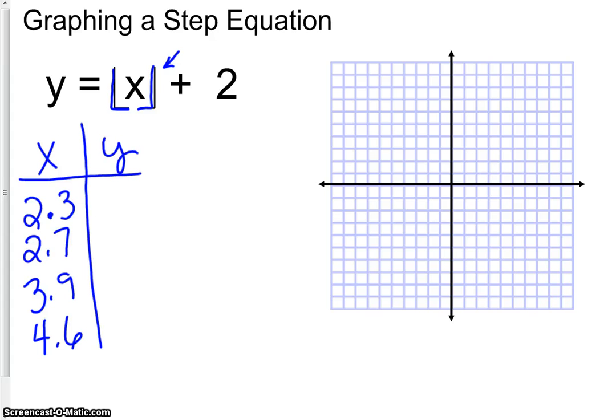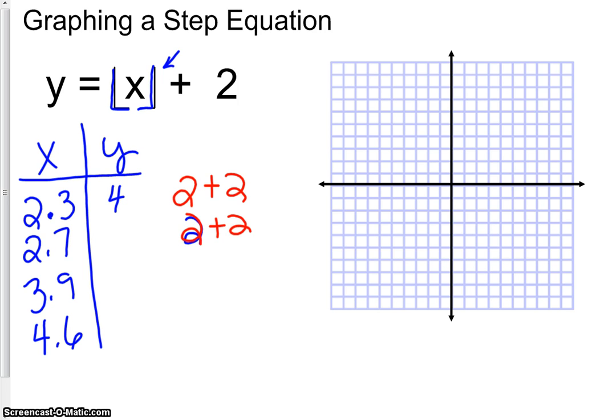Well, for 2.3, what we're really going to do is round down to the nearest integer, so it would be 2 plus 2. So the answer here would be 4. Then 2.7, again, it would be 2 plus 2.